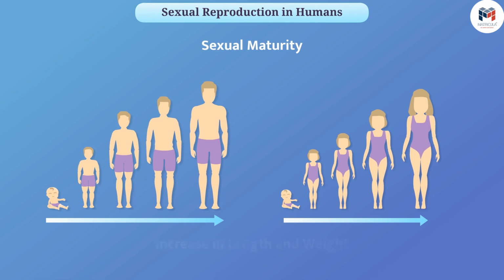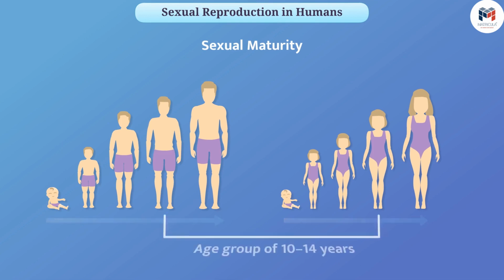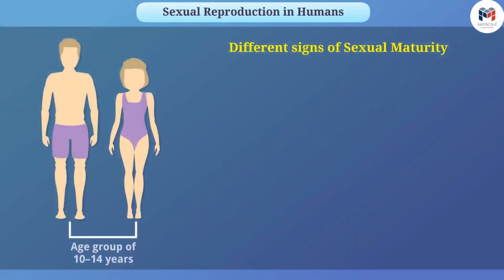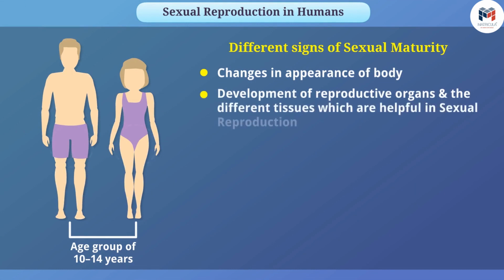In the context of sexual maturity, boys and girls undergo various changes in the age group of 10 to 14 years. For example, appearance of body, development of reproductive organs, and the different tissues which are helpful in sexual reproduction, etc.